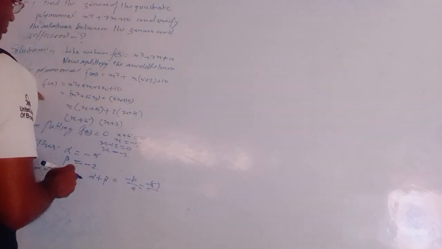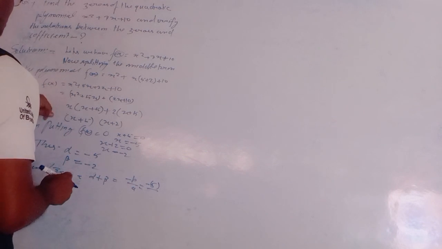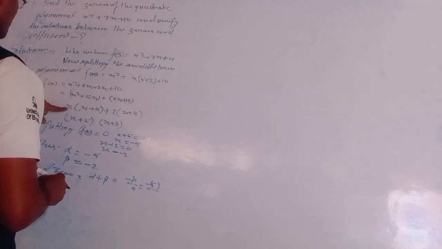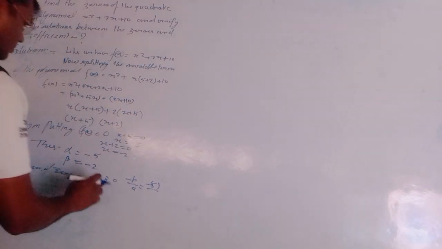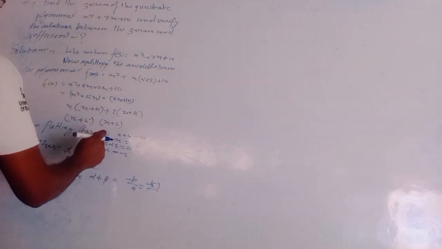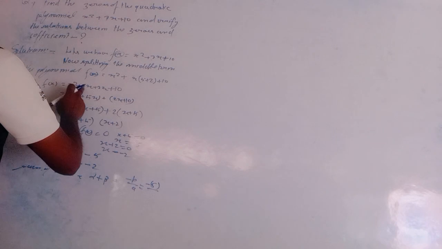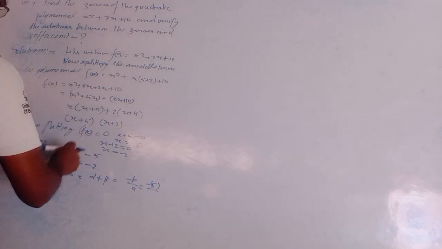In this question, alpha plus beta is equal to minus 7, which is minus 7 by 1.